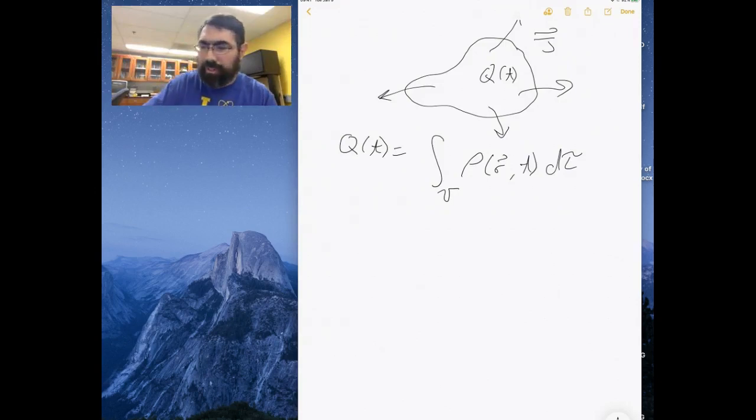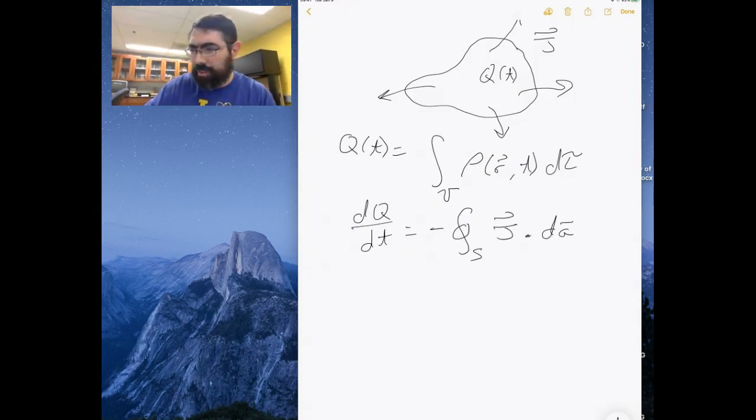The current that's leaving, so how this charge is changing with respect to time, I can calculate as minus, because it's leaving, integrating over the entire surface of my system, the current density integrated over the entire area of the surface.